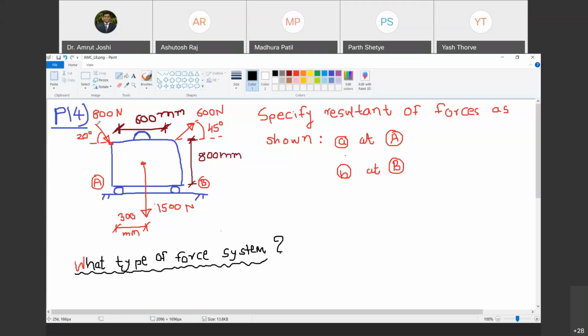Though I have shown this 800 Newton force acting at this corner, let us give that distance as well. This is the center to center distance between the wheels, 600, and the distance from the center of the wheel to this face is 50 mm. This distance also is 50 mm from the center of the wheel to the face.